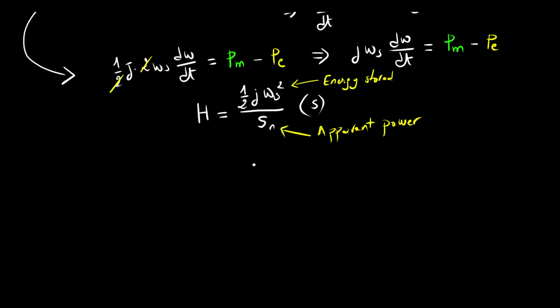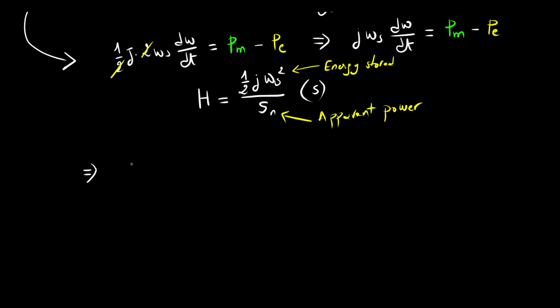This constant is equal to the kinetic energy stored in the rotor at synchronous speed divided by the rated power. We also express speed in terms of frequency using the formula omega equals 2 pi times frequency.